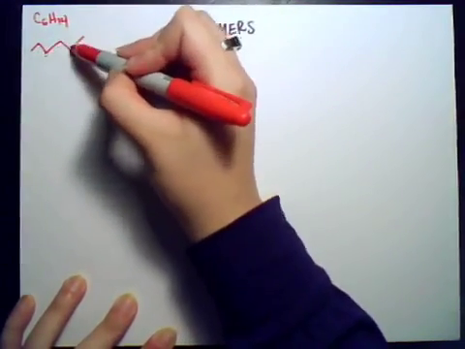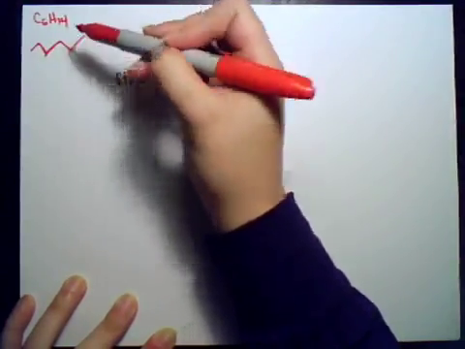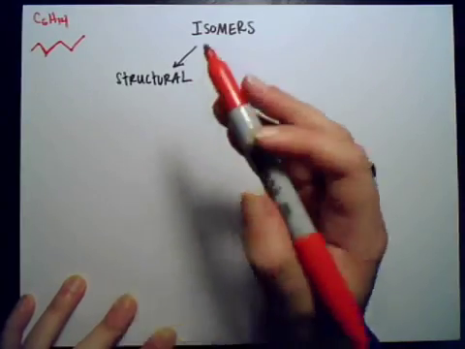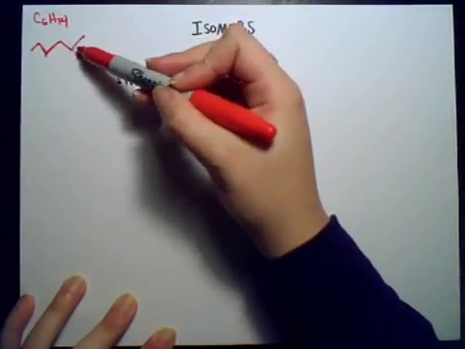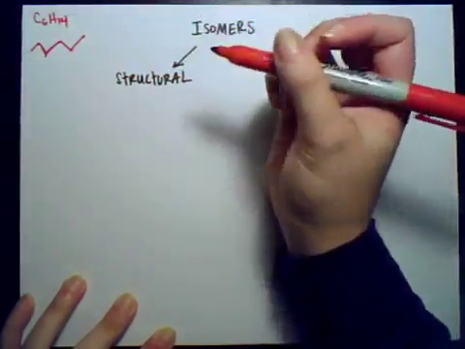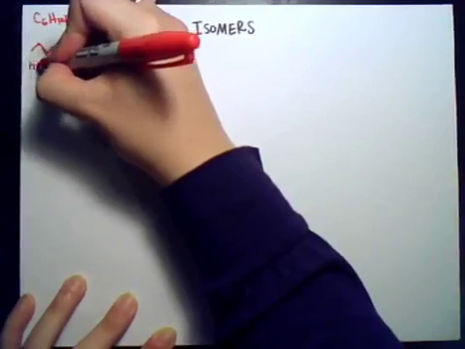Hexane looks like this: 1, 2, 3, 4, 5, 6 carbons. Now let's say we take this methyl group off the end here and stick it on one of these other carbons instead of having them in a straight line. This is normal hexane.